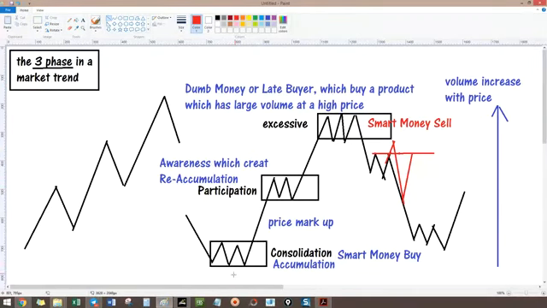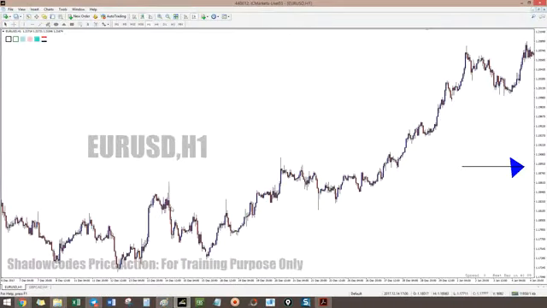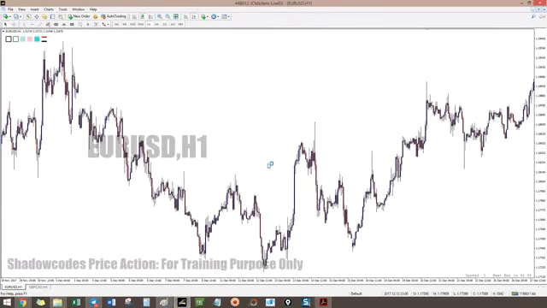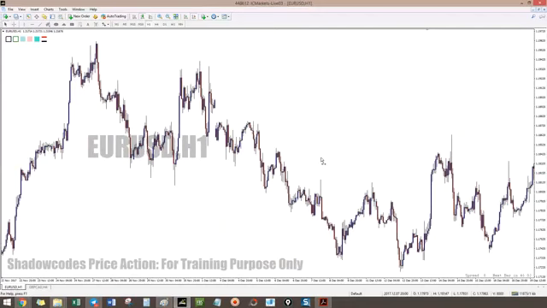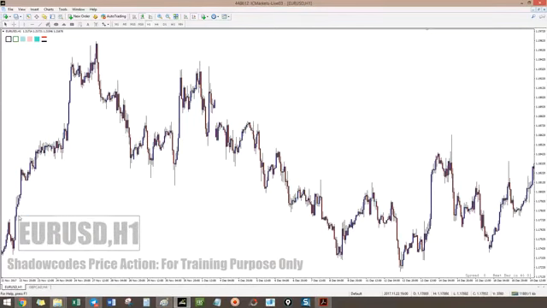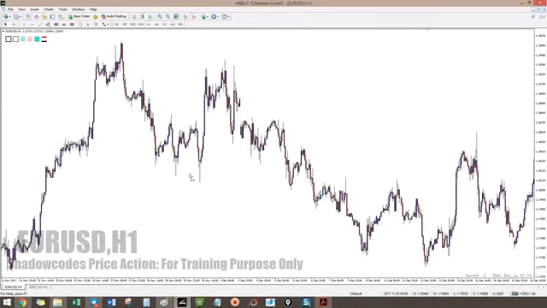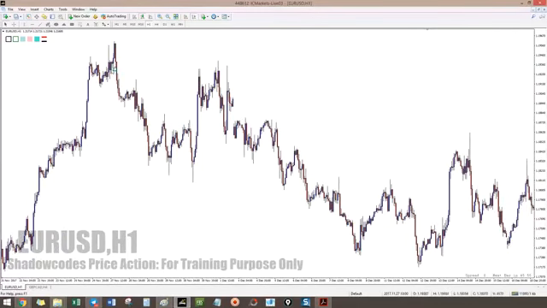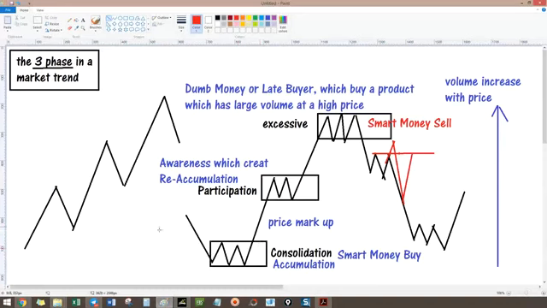So let's look into the chart for the three phases in a trend. For example, you have something like this over here. I will show you the uptrend first.